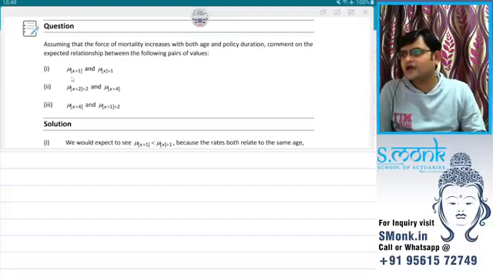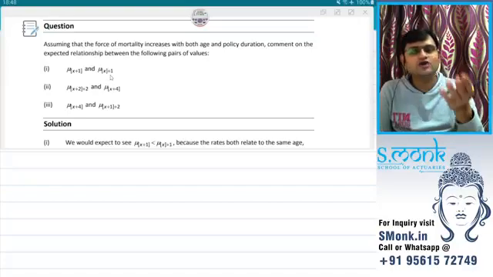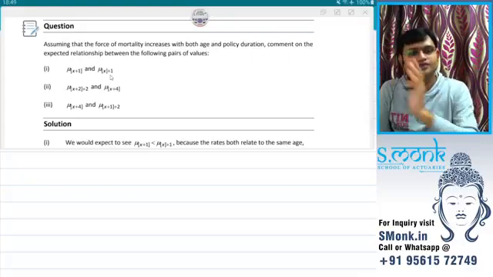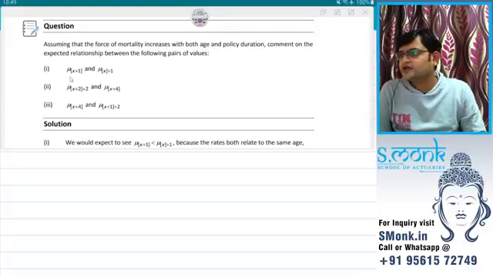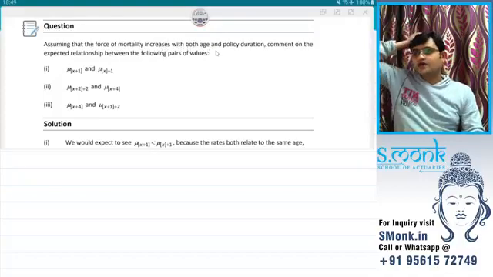So here we had 2 years left for this policy duration or select mortality. Here we are left with only one because 1 year has already gone. It was selected 1 year ago. So clearly our mu select x plus 1 would be higher than, okay, no, force of mortality increases.